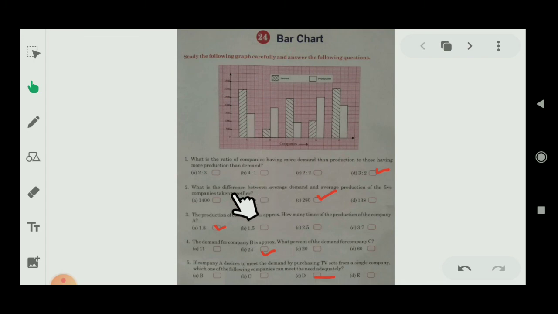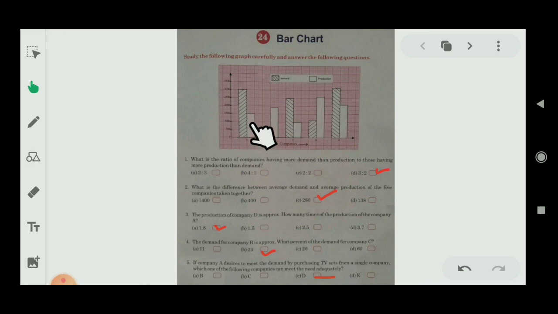There are 5 companies in this graph: A, B, C, D and E. In A, the demand's value is 3,000 and the production value is 1,500.